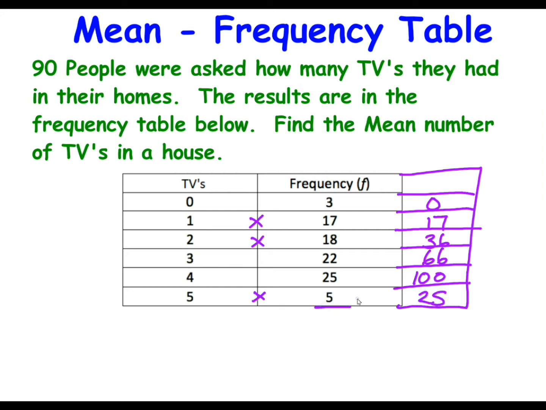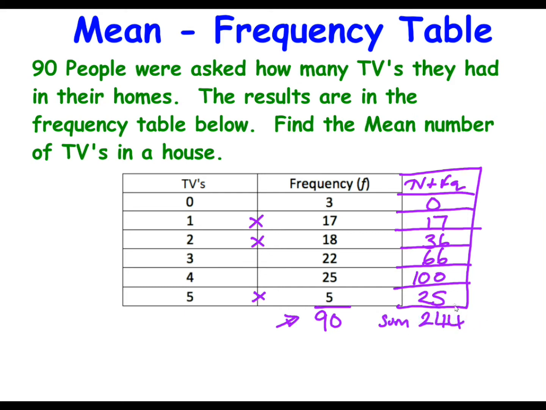So there are two counts that we're interested in. The frequency count, which we know is 90. 90 people were asked. The other count that we need is the TVs times the frequency. This tells us how many televisions in total there are in these 90 houses that we've asked about. And our sum is 244 televisions.